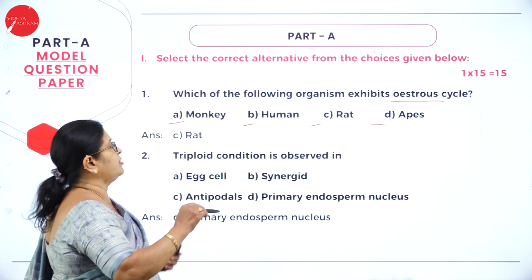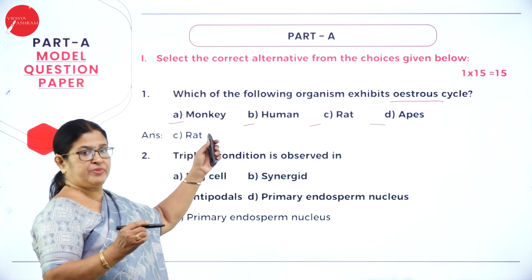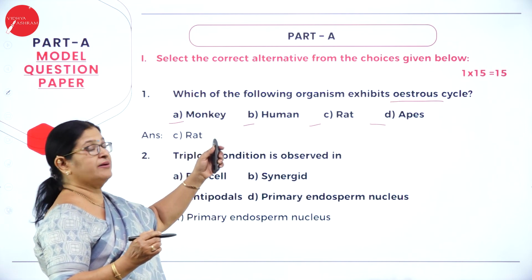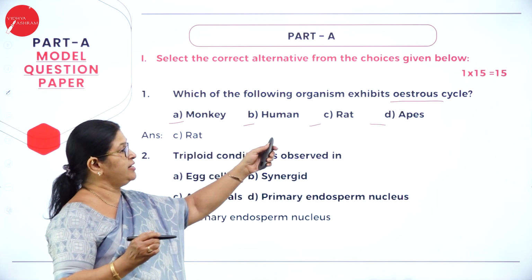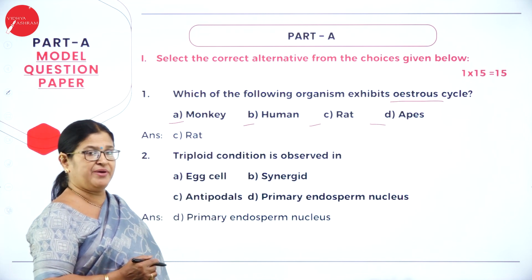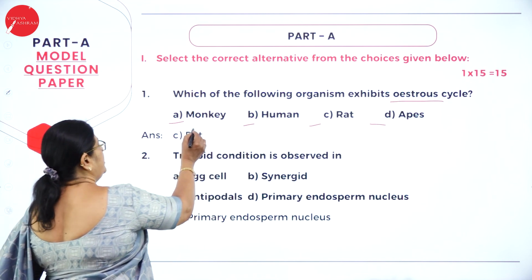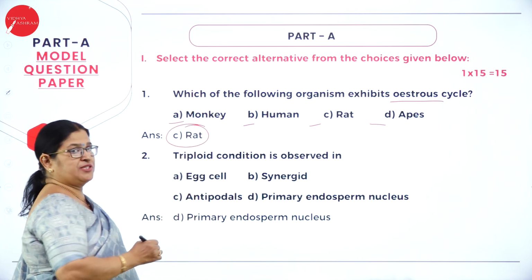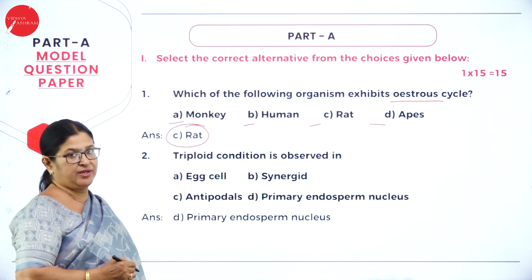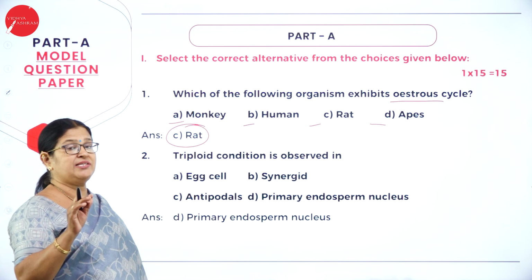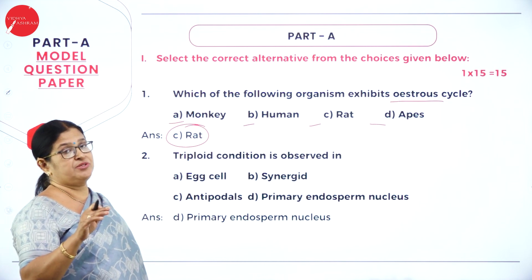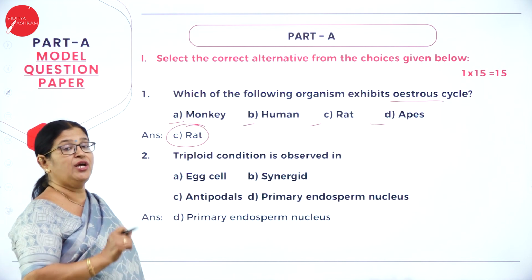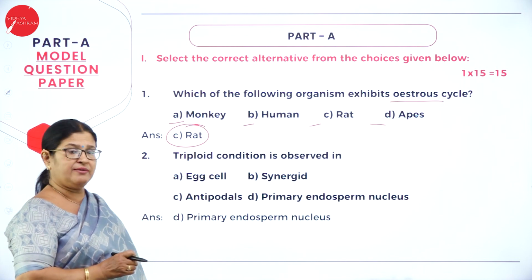Among the four, monkey, human and apes exhibit menstrual cycle, while rat exhibits estrus cycle. So the right answer is option C, that is rat. You must be able to analyze why the remaining three options are wrong and why one is correct. Then you'll be able to mark the right answer.